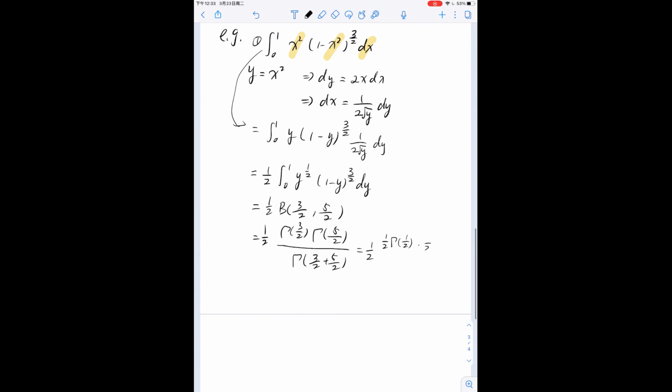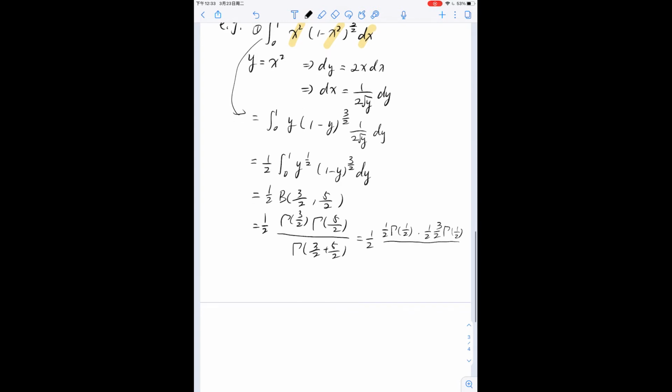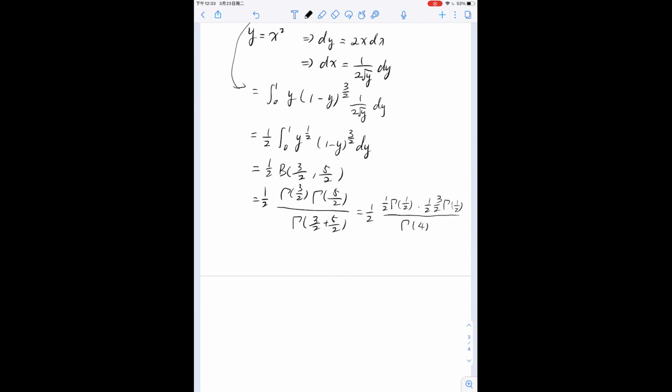The second one we do twice, using the gamma function's property, and the denominator is gamma of 4. It equals 3 over 16 times 1 times 2 times 3 over gamma square. So cancel 3, it's pi over 32.